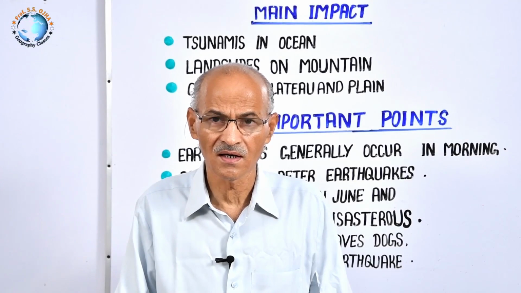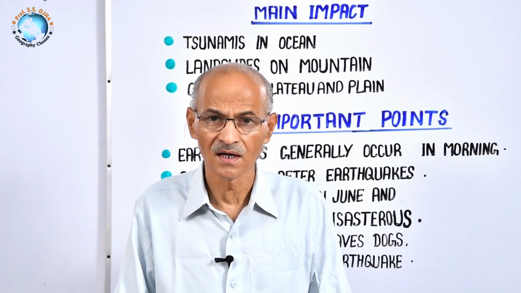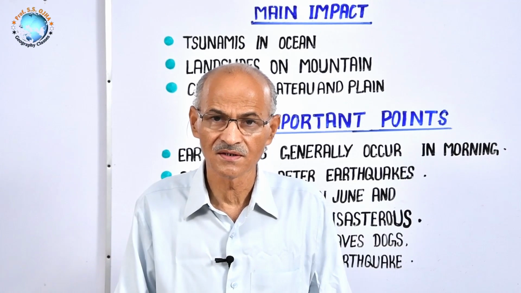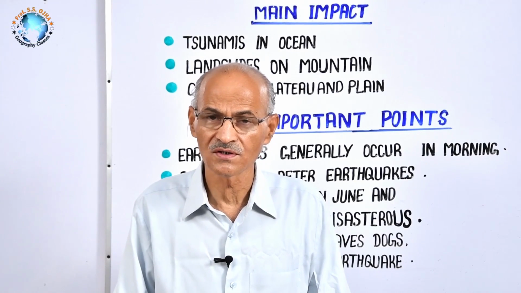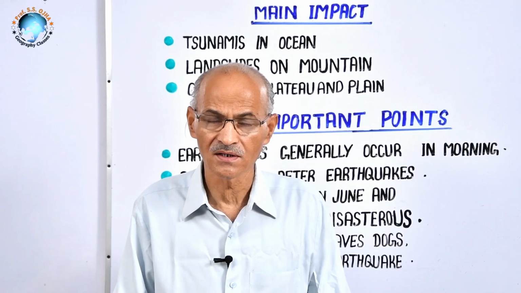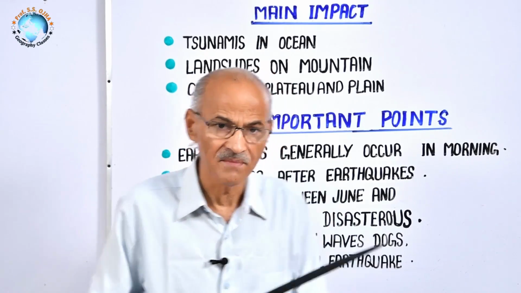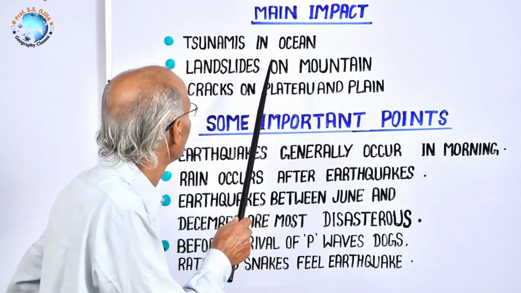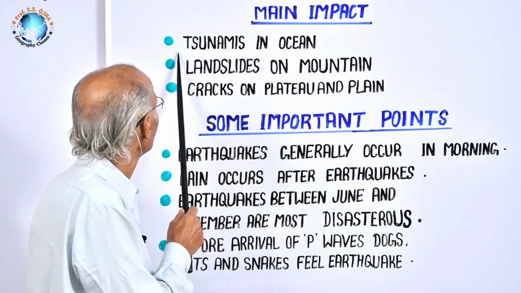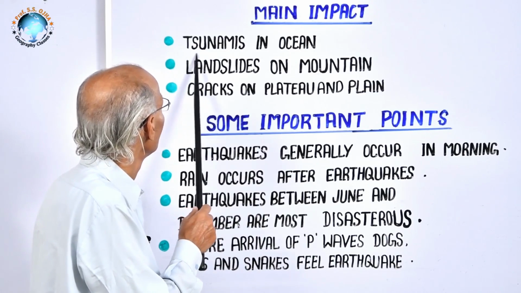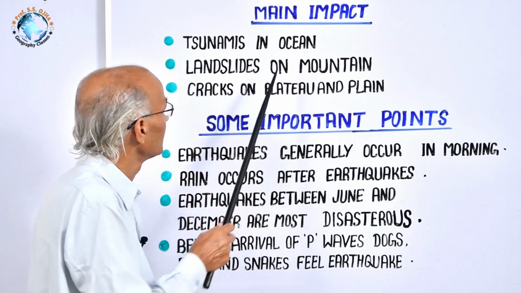Earthquakes occur on the surface of the earth, and the surface of the earth consists of two things: one, land part; second, water body. So let us understand what are the main impacts of these earthquakes. Number one, on ocean body, water body, is tsunami.